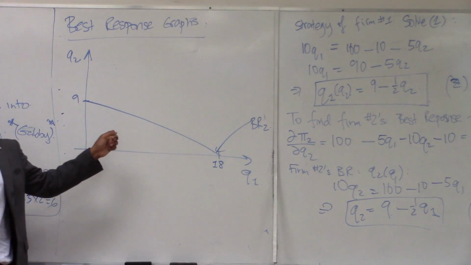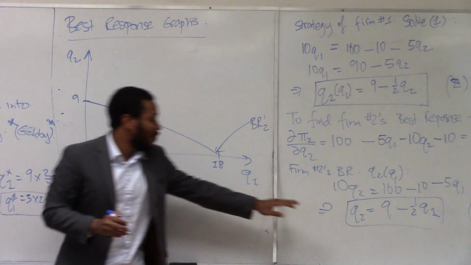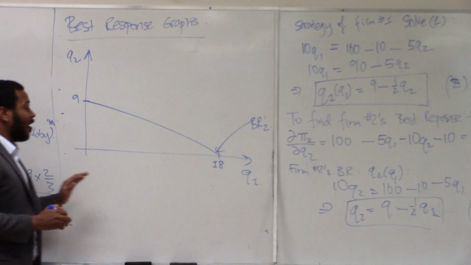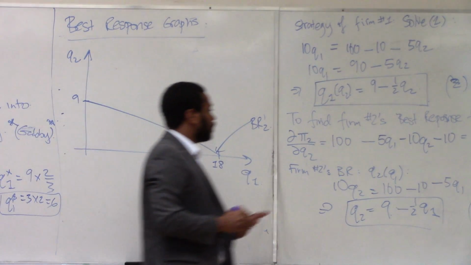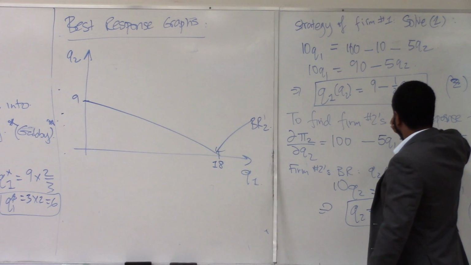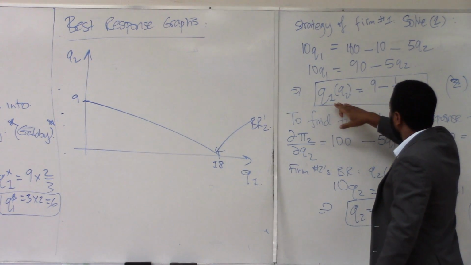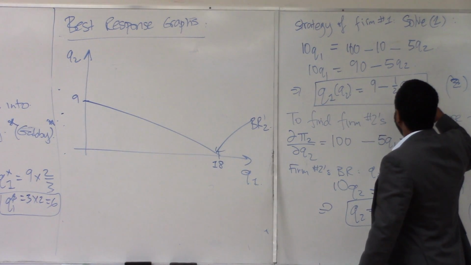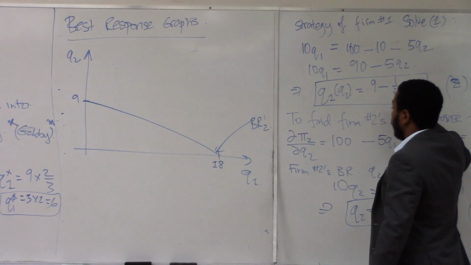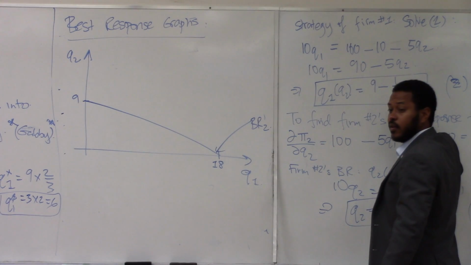Okay, does everybody see this graph here? This is just graphing the best response function for firm 2. Okay, good. Now let's graph the best response function for firm 1. Okay, this is firm 1. So when Q2 is equal to 0, Q1 is going to be equal to 9, right?